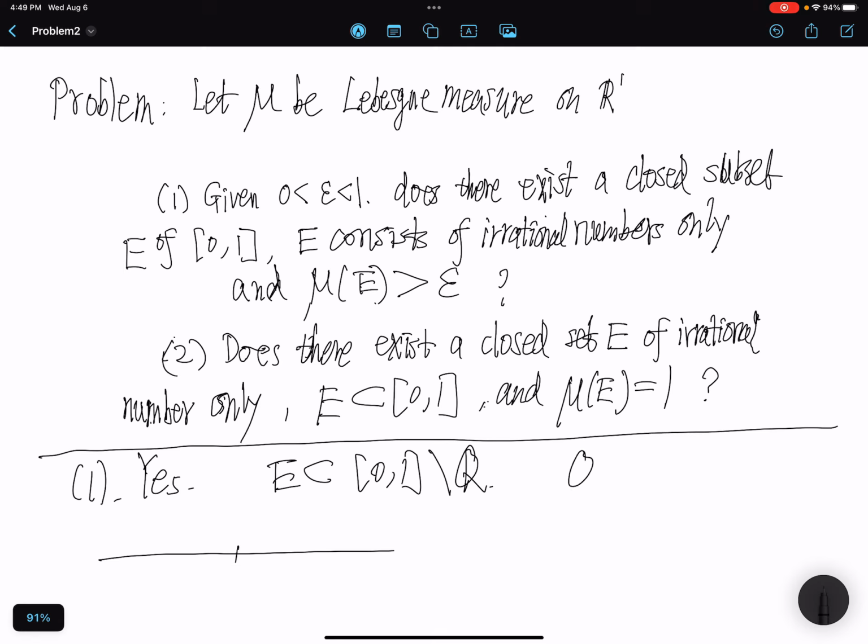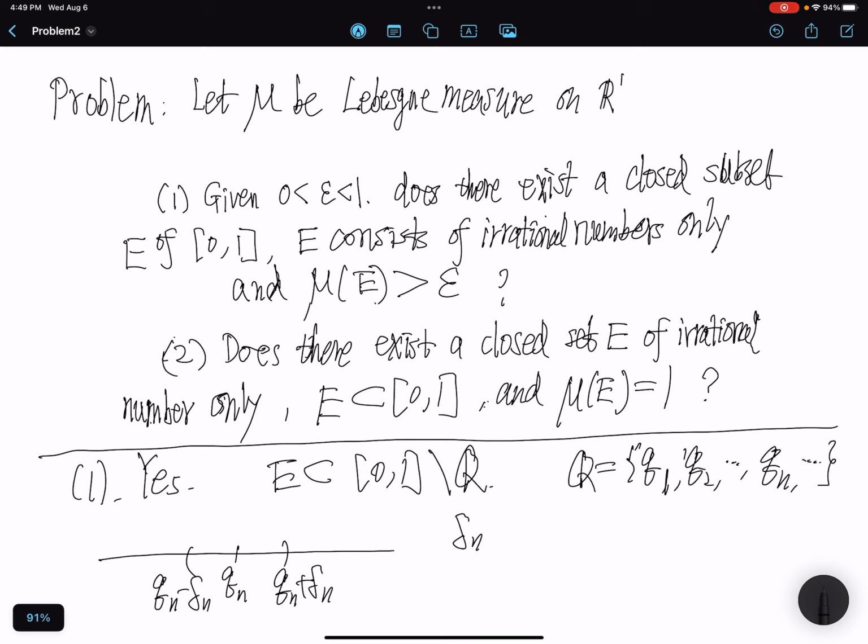We know all the rational numbers are countable, so we can list all of them. Then for each q sub n, let's take an open interval around it with radius delta sub n, where delta sub n is to be determined later.